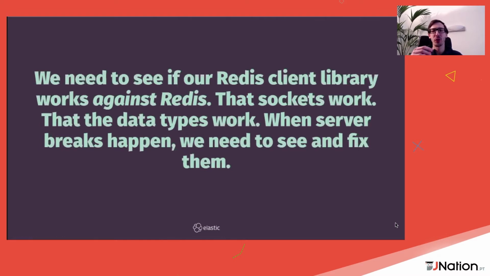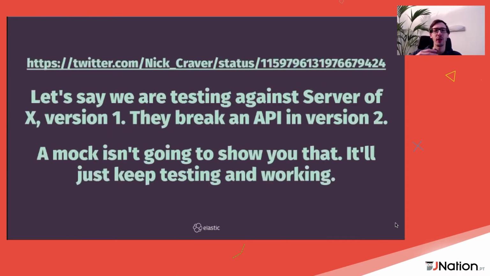You want to make sure that the socket works and that you can open the connection, and that the data type is actually there and supported and works the way you want it to. And that if the server breaks in any way or changes something, you want to see that. So for example, if you work against version 1 and then you upgrade to version 2 with a breaking API change, if you don't update your mock, you will never see that something changed in the underlying system.